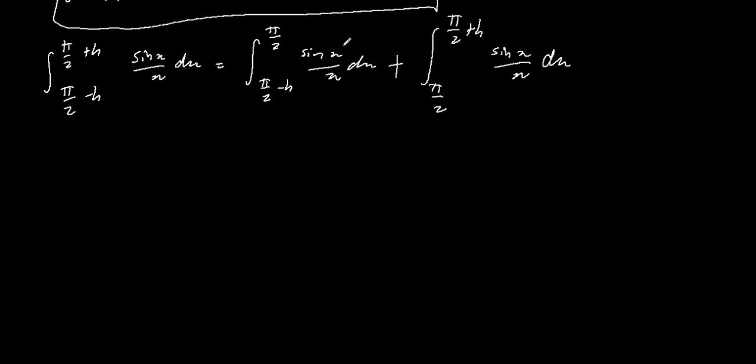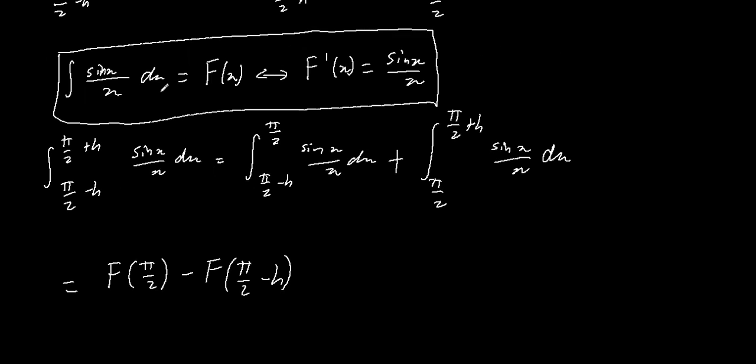What I'm going to do with this guy first is that this would be equal to f of pi on 2 minus f of pi on 2 minus h. Nothing fancy, because remember that we said that the integral of sine x on x dx is f of x.